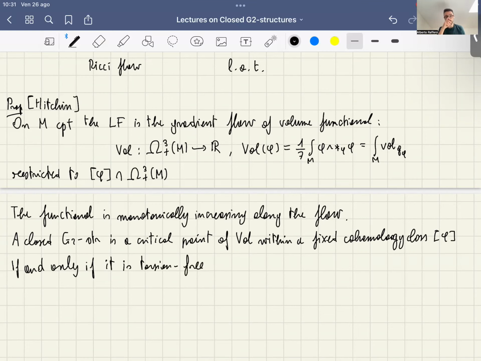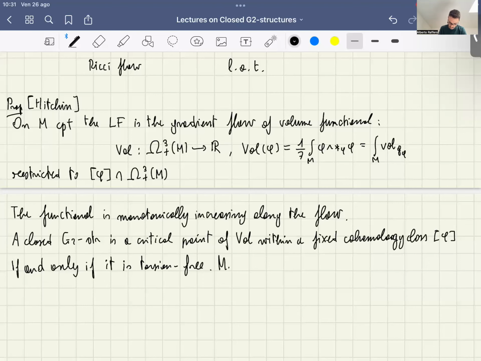So in other words, critical points of this functional are torsion-free G2 structures belonging to the cohomology class of the initial closed G2 structure you fixed. If, of course, any of such torsion-free G2 structures exist.